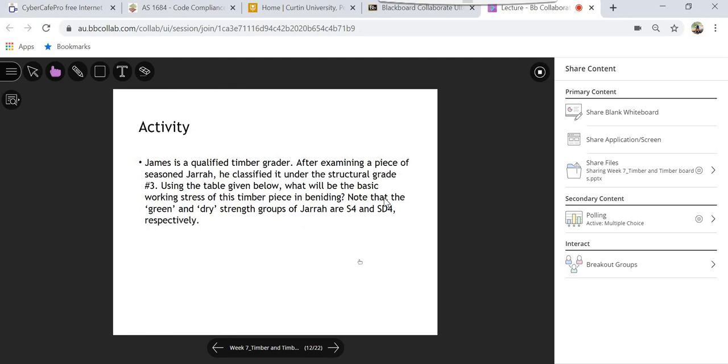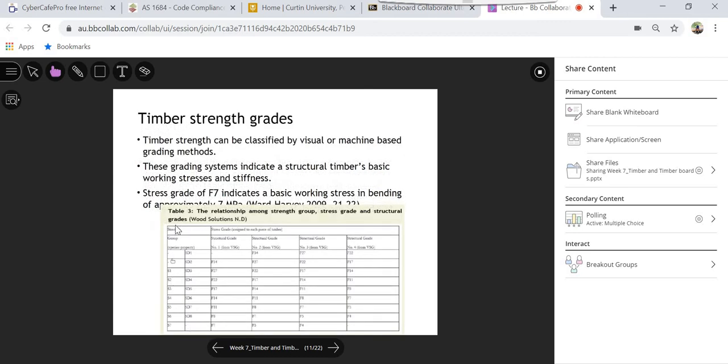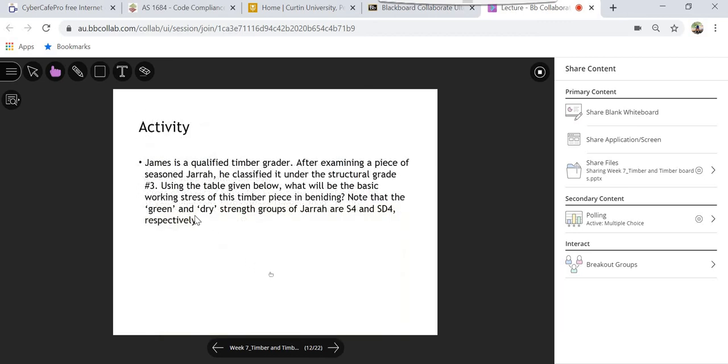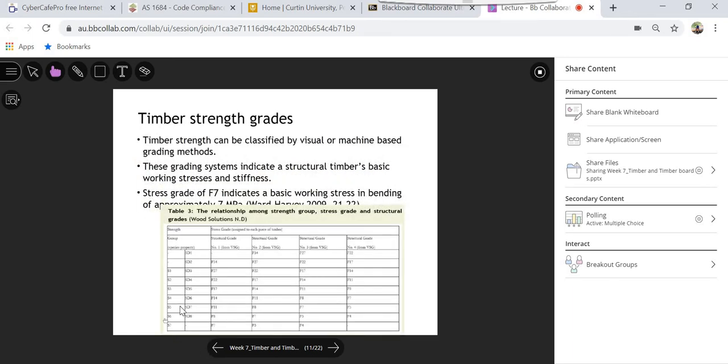Another type of information is needed here, because you need to know the strength group of Jarrah. You see that green and dry have two Jarrah densities, S4 and SD4. Green means unseasoned, dry means seasoned. In this case it is seasoned Jarrah, so the strength group is SD4. Let's go back here.